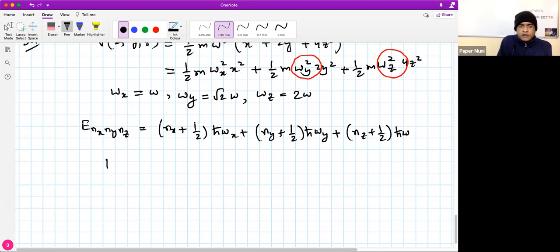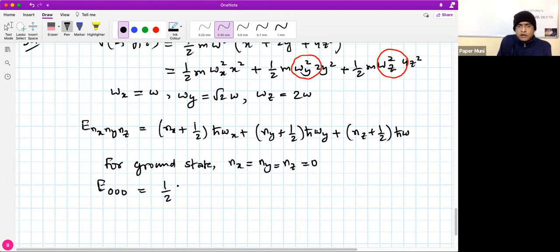Now for the ground state, we are talking about the ground state, it will imply that nx equal to ny equal to nz equal to 0. Now E 0 0 0, all quantum numbers are 0 here. This will be 1 plus root 2 plus 2.